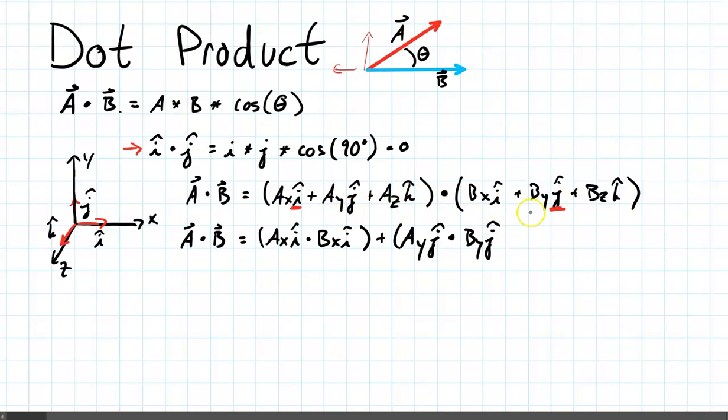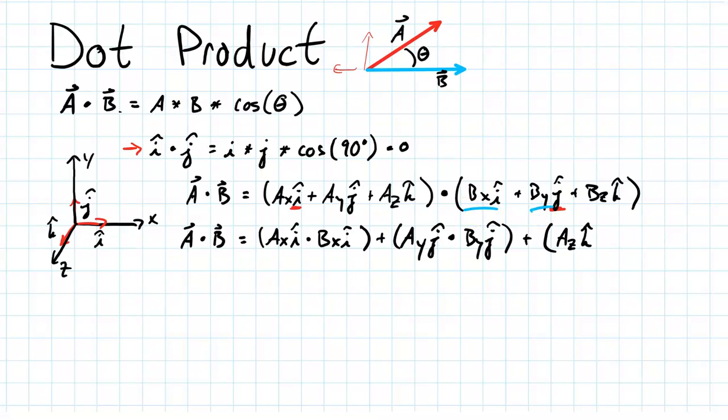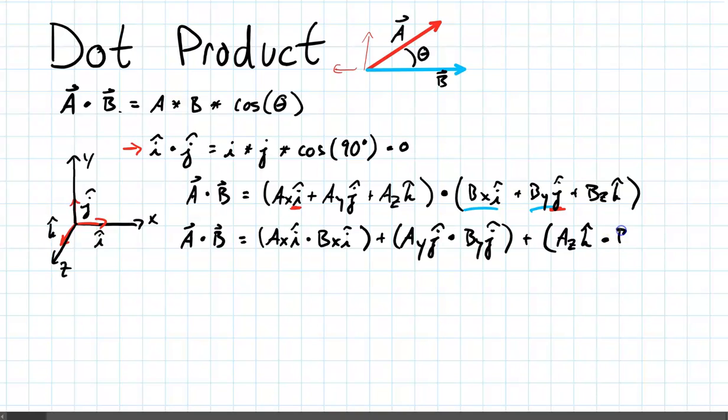And then AYJ dotted with BZK is equal to 0. Because remember, two vectors that are perpendicular to each other, the dot product is equal to 0. So then we continue on to the last term. I'm sure you can see where this is going. This AZK dotted with these two terms here is equal to 0. So we're only going to include BZK.